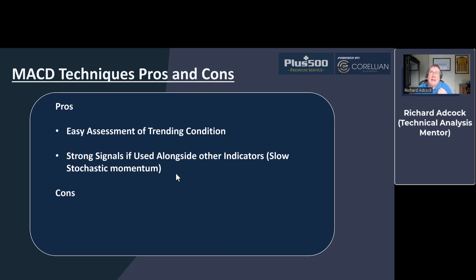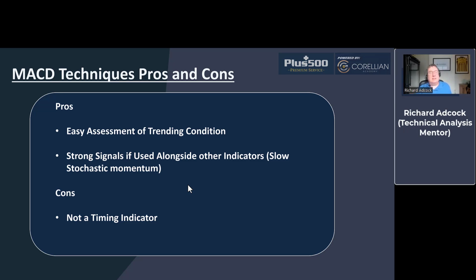And it also, when used alongside other indicators, the slow stochastic, for instance, which we'll take a look at in future weeks, and look at how we can combine the slow stochastics with the MACD, then it strengthens the signal because it highlights from a timing perspective when those more aggressive trending conditions are likely to develop and how we can see that develop. So we'll take a look at that in future weeks.